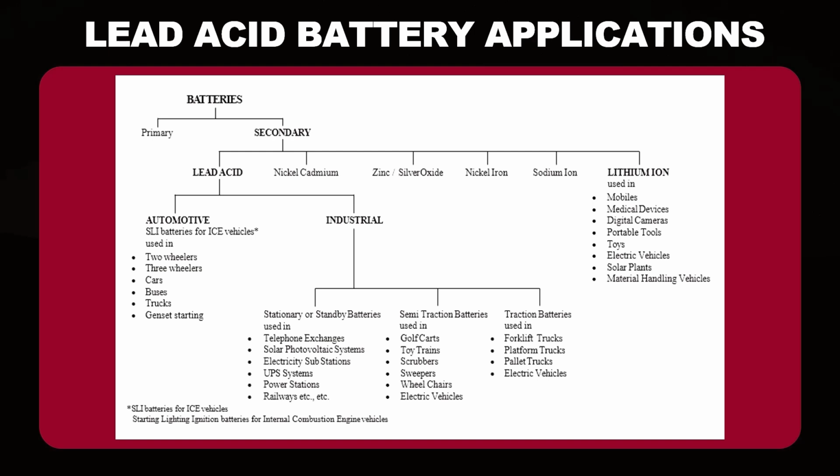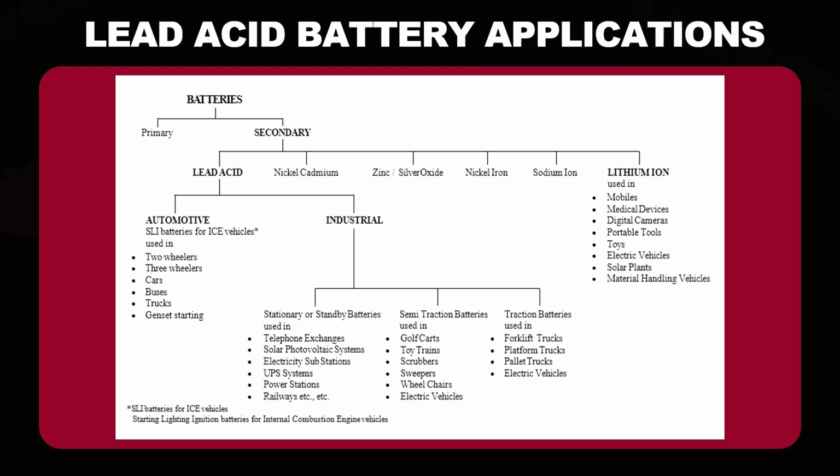When it comes to secondary batteries, there are various types, including lead acid, nickel cadmium, zinc silver oxide, nickel ion, sodium ion, and lithium ion. Sodium ion has not yet been commercialized on a large scale. Lead acid is a proven technology, while lithium ion is an advanced cell chemistry that is gaining popularity and catching up.